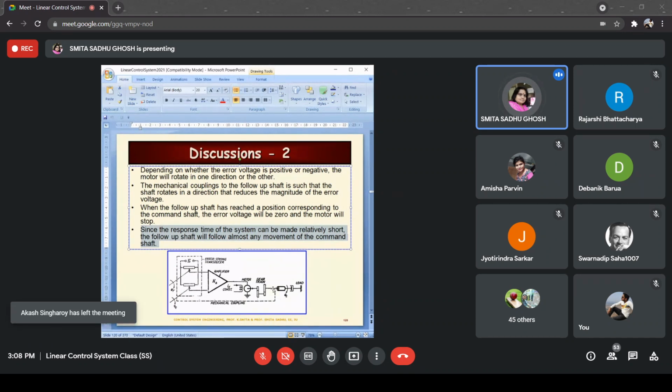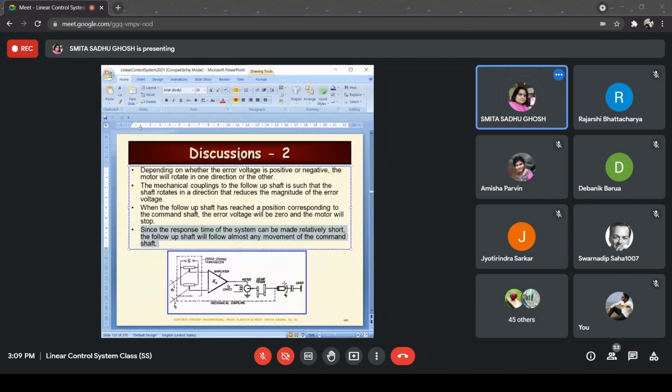As long as the difference exists, that is going to continue, including correcting if theta c has overshot. The moment theta r becomes equal to theta c, the corrective action stops.